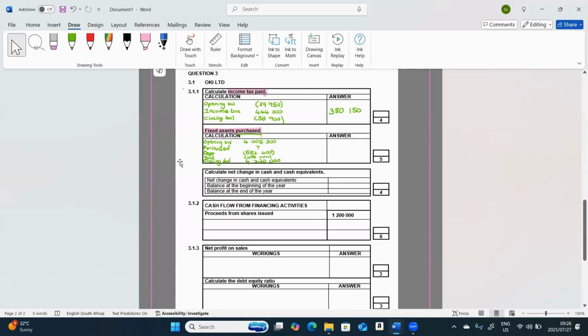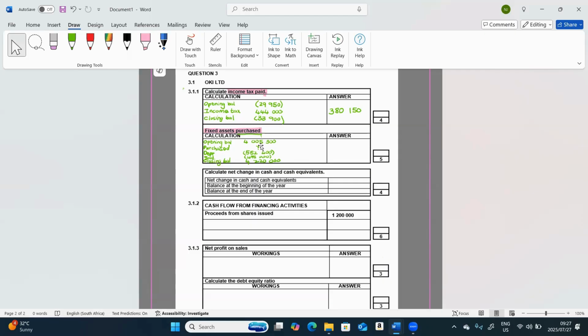So quickly start at your closing balance, and you are going to say 4,220,000 rand. Remember we are working from the bottom up, so we have to do the opposite signs, right? The opposite working. So you have to add this, and you have to add this, and you have to subtract that. So it's 4,220,000 now plus 495,000 plus 552,400, and then minus your opening balance of 4,005,300, guys.